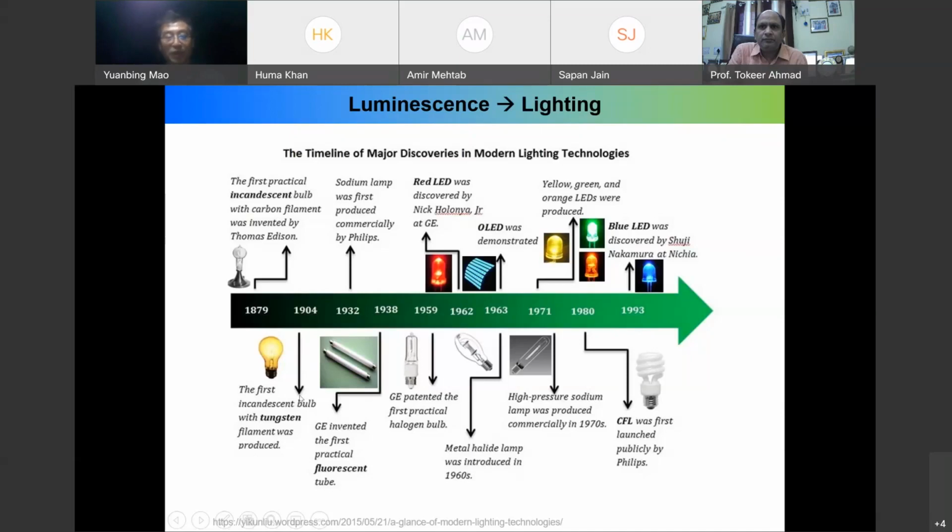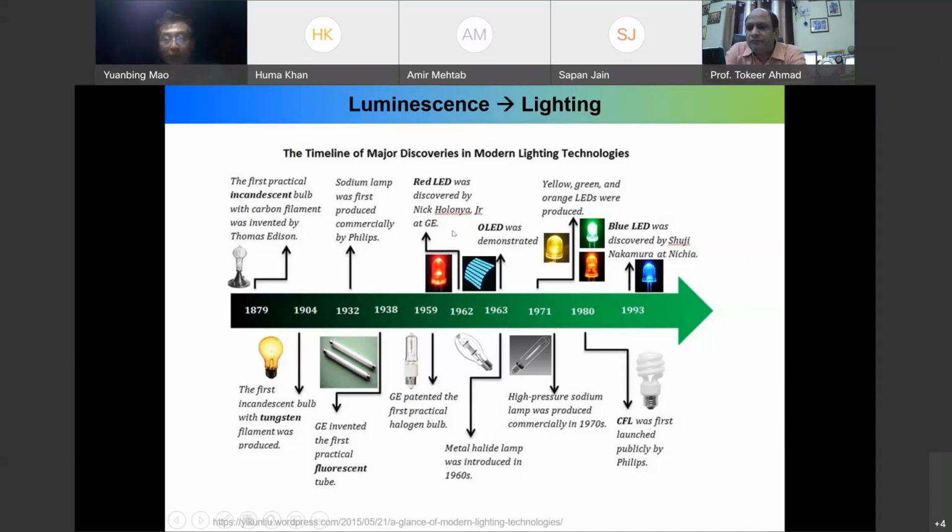That really gave light bulbs to more people, and they also lasted longer. Then in 1932, the sodium lamp was first produced commercially by Philips. In 1938, GE invented the first practical fluorescent tube, and now this is related to luminescent materials. Then in 1959, GE patented the first practical halogen bulbs.